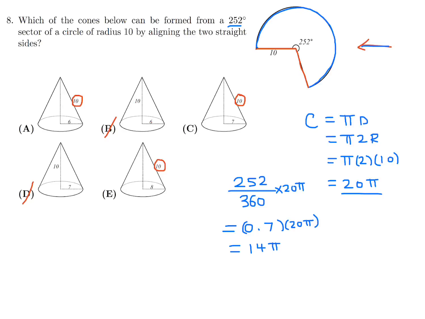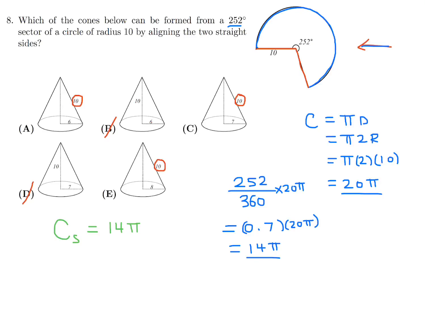So that means that when you create this cone, the circle at the bottom, this circle right here at the bottom, has a circumference of 14 pi. All right? So that means, I'll use a different color, circumference of the small circle, circumference S, is equal to 14 pi.